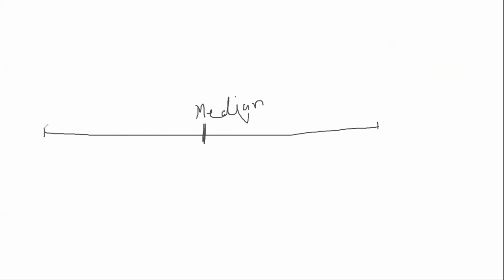So median means you have the data, and if you divide this data into two pieces, this is 50%. This is the role of median. Now I take only this range and divide it into two pieces.